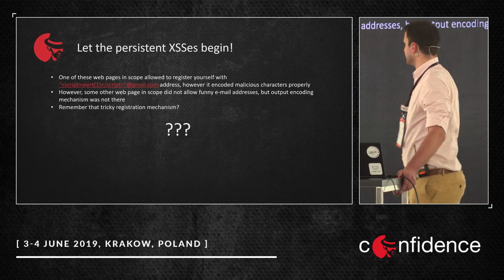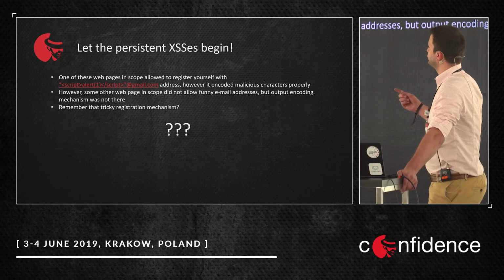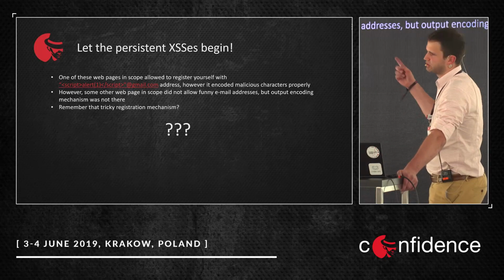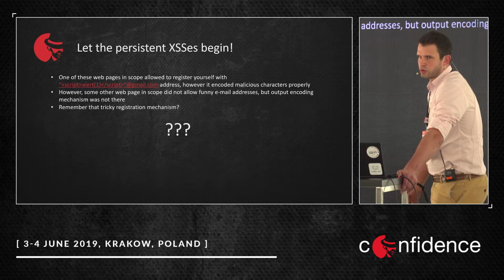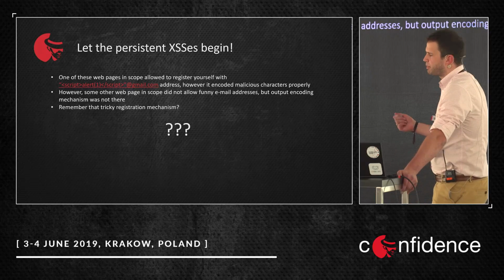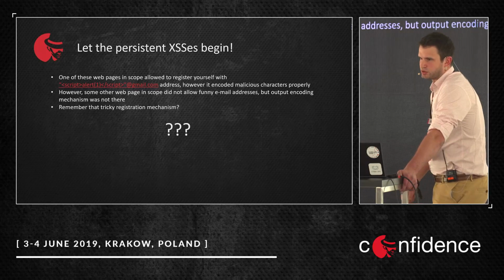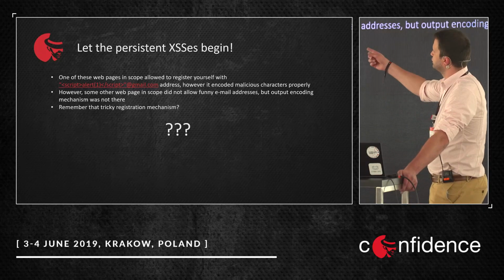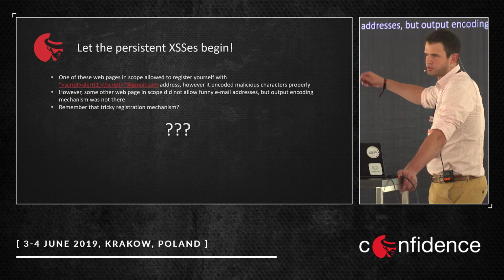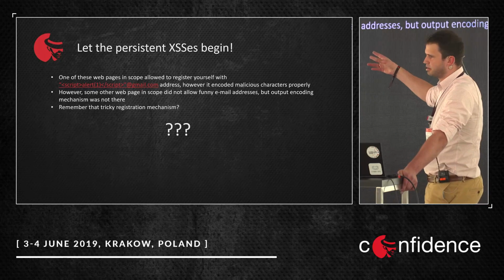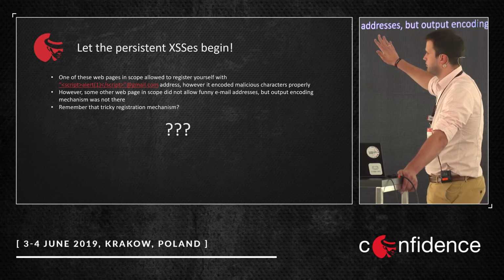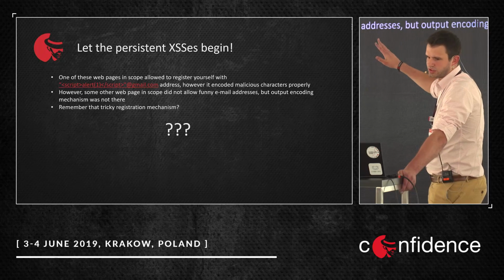Why? Because on one of these pages, you are actually able to register yourself with this kind of email address. Cool. On some other web page, output encoding was not enabled. So you started the attack from one application just by putting the payload there. This application was protected from cross-site scripting.